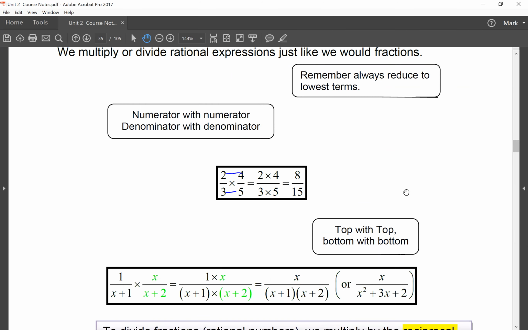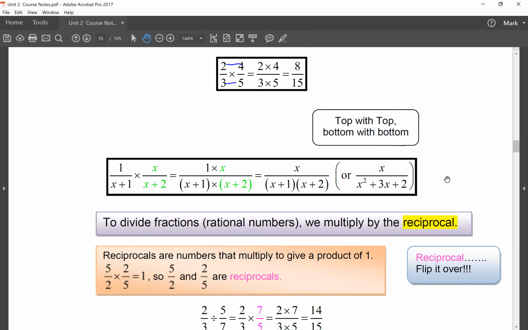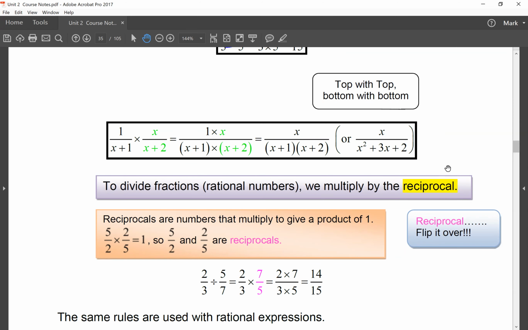Really no problem there. When you divide fractions, however, we don't actually divide them on paper. What we would do is multiply by the reciprocal.